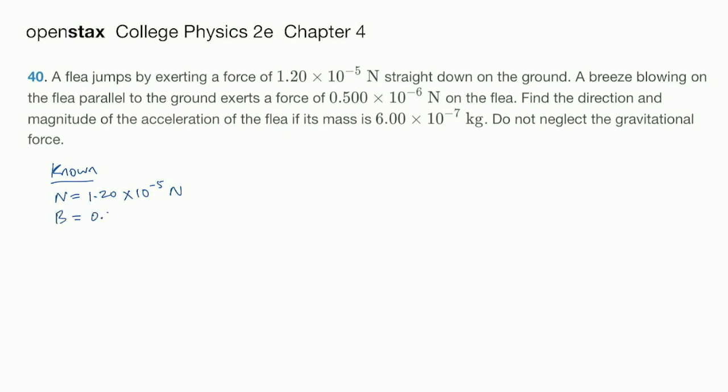It is 0.500 times 10 to the minus 6 newtons. We need to find the direction and magnitude of acceleration, and we know the mass of the flea is 6.00 times 10 to the minus 7 kilograms.